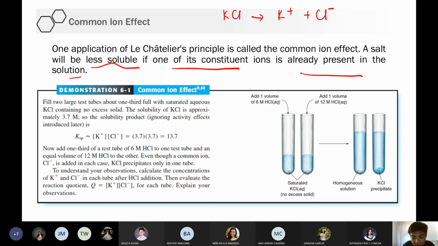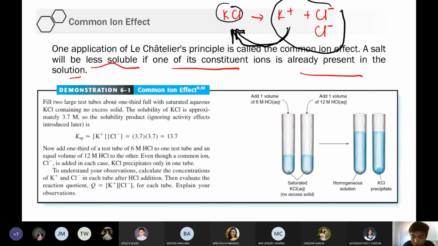That means the concentration of chloride will increase. Since the amount of our products is greater than the reactants, the equilibrium will be shifted to the left. That means KCl will be less soluble, because according to Le Chatelier principle, if you have increased amounts on the product side, it will push the system to the left side.